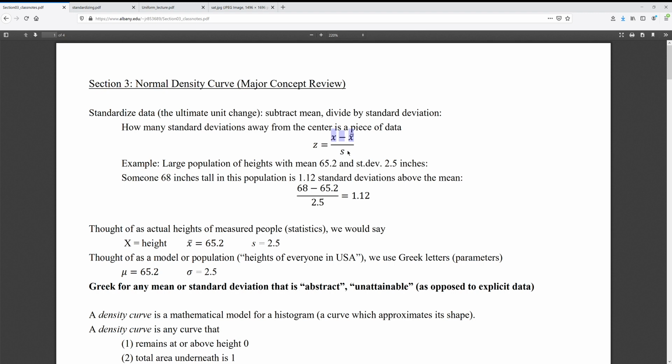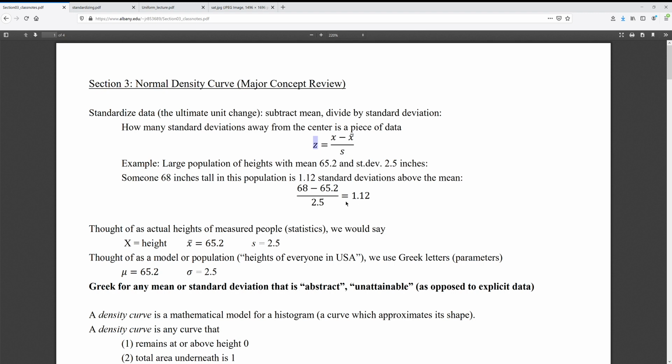We're subtracting 100 from everybody. And then we'll divide by the variation in SAT scores, say 15, 16 points. And then that will give you the Z, the standardized data. So it's a unit change, but it's more than that. It's the ultimate unit change. It's a way that you can literally compare things that are unlike. I'll show you what I mean by that with an example or two.